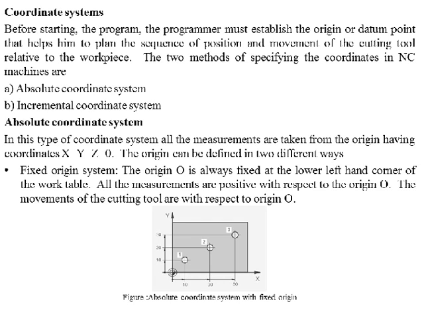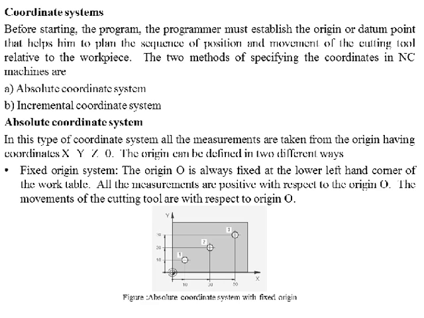Absolute coordinate system can be carried out by two different methods. One is called a fixed origin system and another one is called a floating origin system.